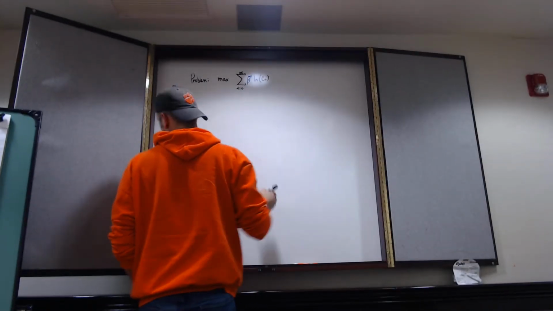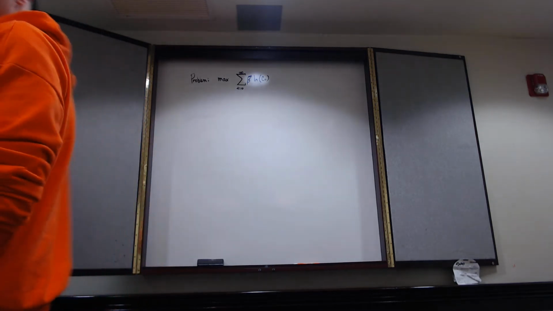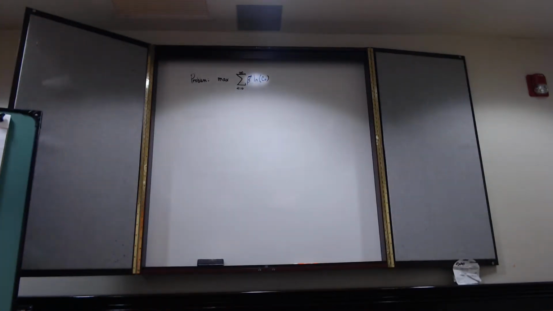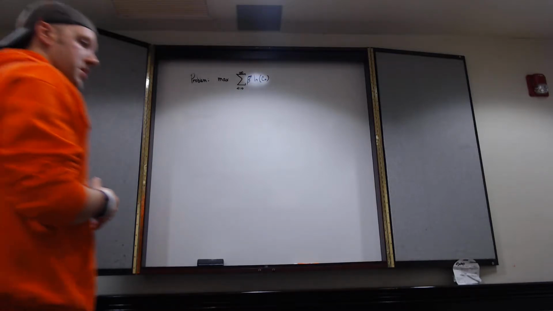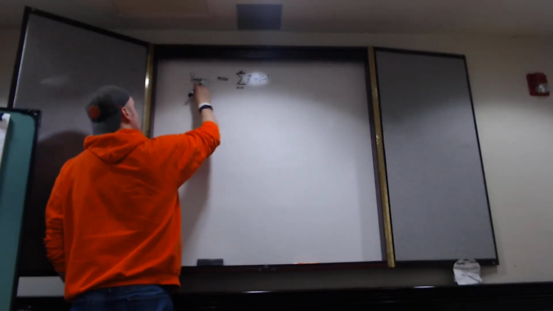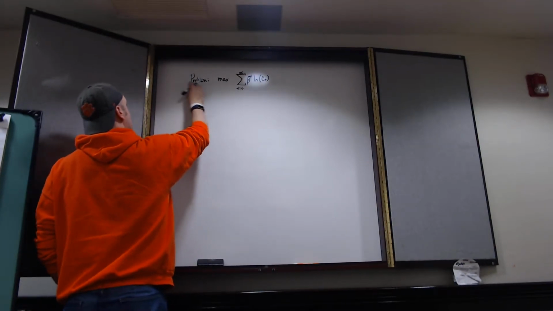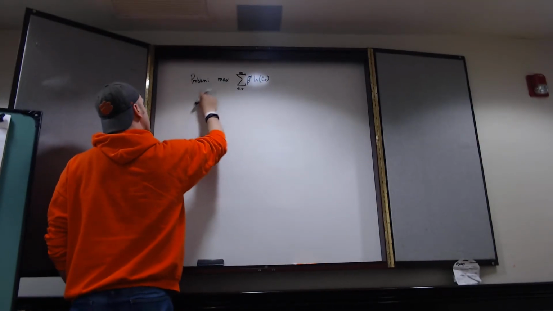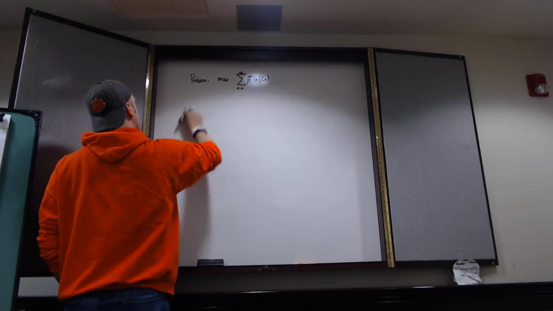So we've got this problem. So far, nothing radically different than what we've seen. If you've been awake in class for even 5 minutes, nothing about this should be radically different. I literally just rewrote something I put on the board a minute ago.